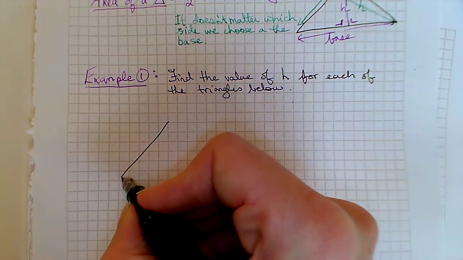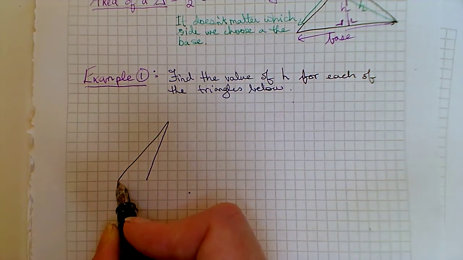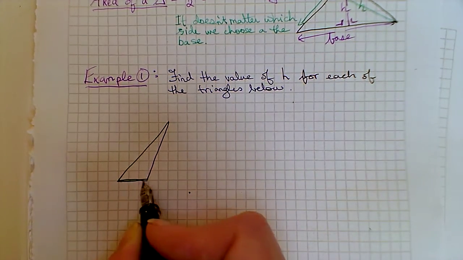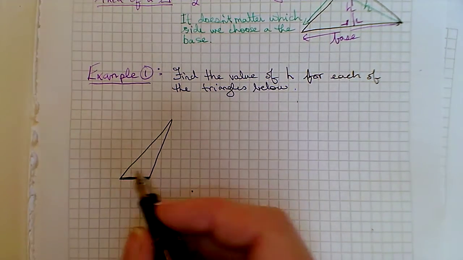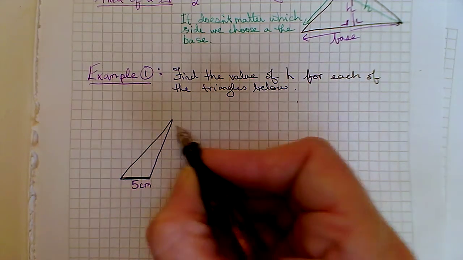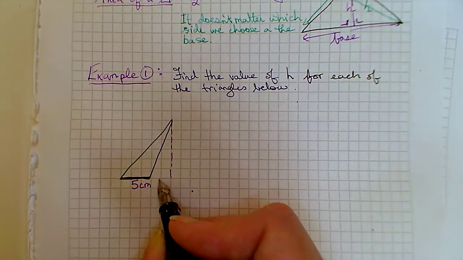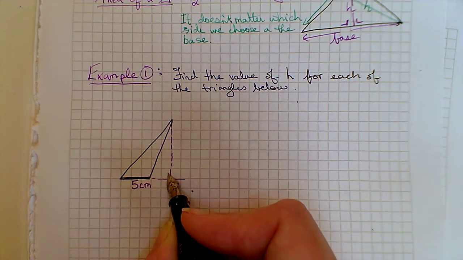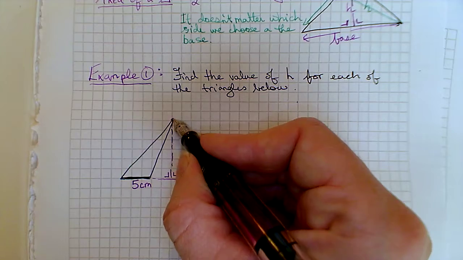Now my first triangle is going to look like this. And the reason I'm drawing it like this is because I want to remind us, say that that's 5 centimeters, that sometimes the perpendicular height, when we draw it, is outside of the triangle.